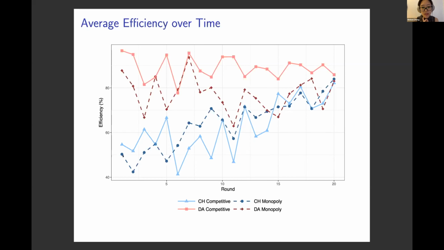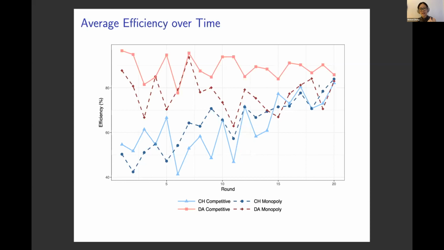The dashed ones are for the monopolistic market. What we can see here is that under the double auction mechanism, the efficiency is high from the very beginning. And with the clearinghouse mechanism, as people learn, the efficiency goes higher gradually. And at the end, the levels are similar.